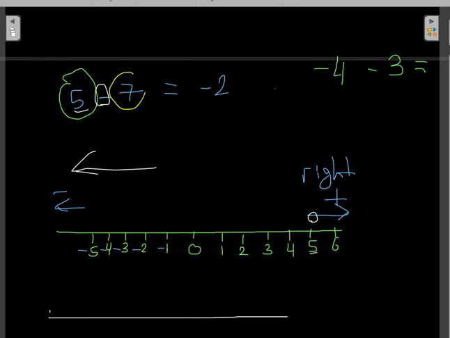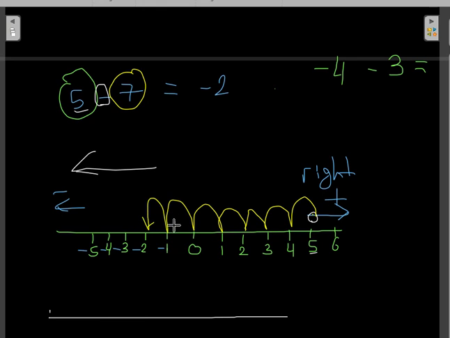The number right after the sign tells us how many places we move. So we move 7 places to the left. Starting from positive 5, we move 7 places to the left. Let's proceed. 1, 2, 3, 4, 5, 6, and 7.